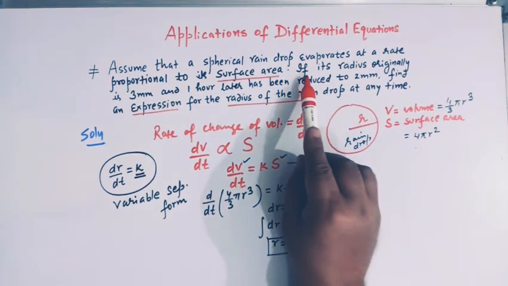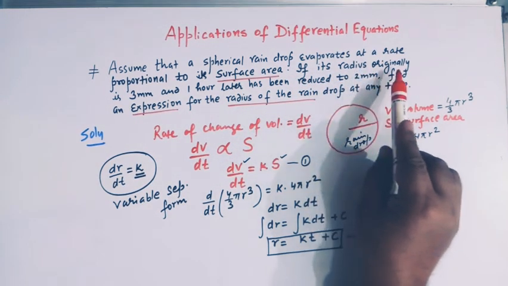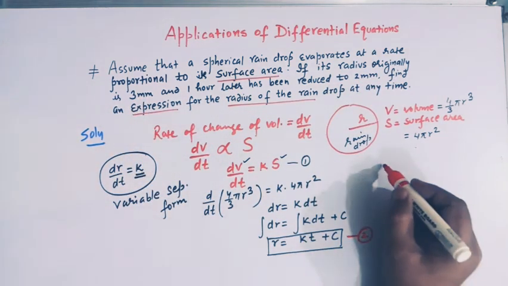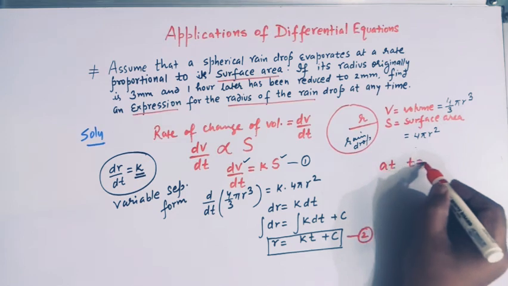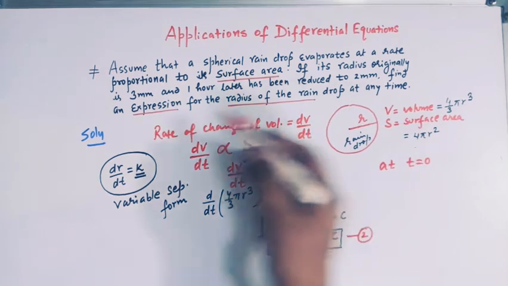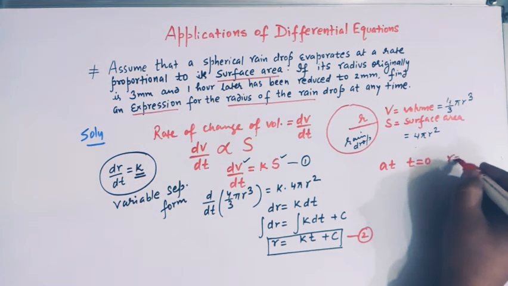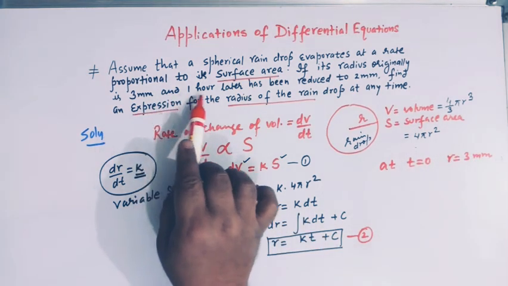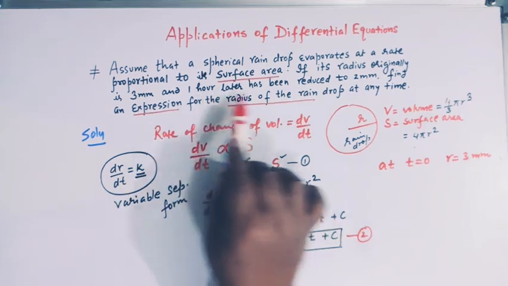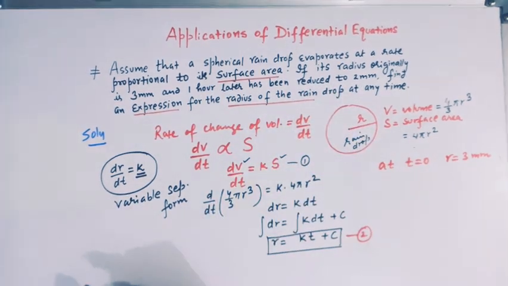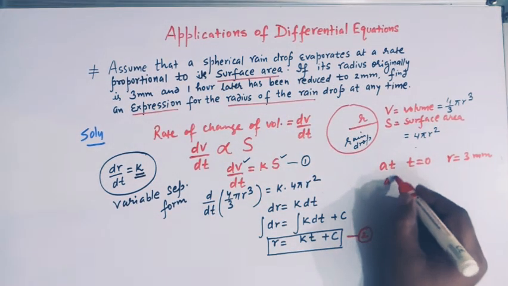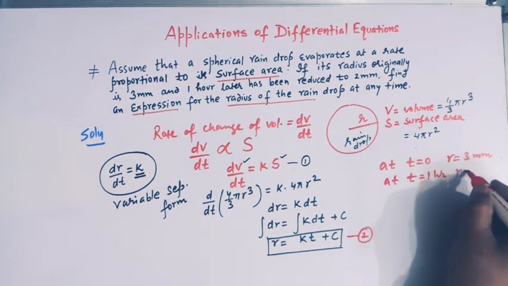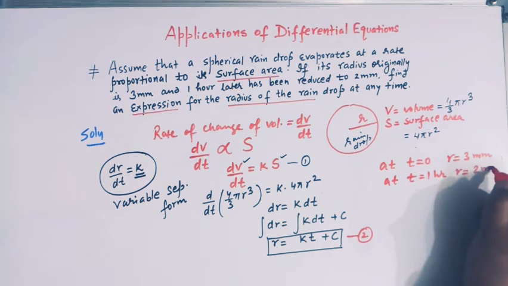We are given that the radius originally is 3 millimeters, so at t equal to 0, r is equal to 3 millimeters, and after 1 hour the radius is reduced to 2 millimeters, so at t equal to 1 hour, the radius becomes 2 millimeters.